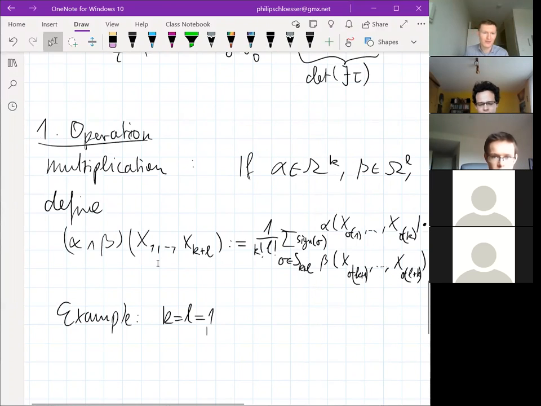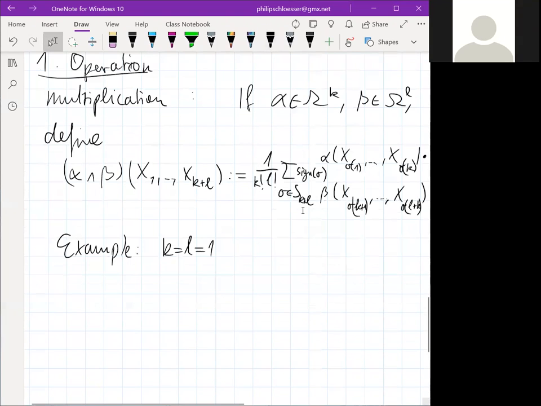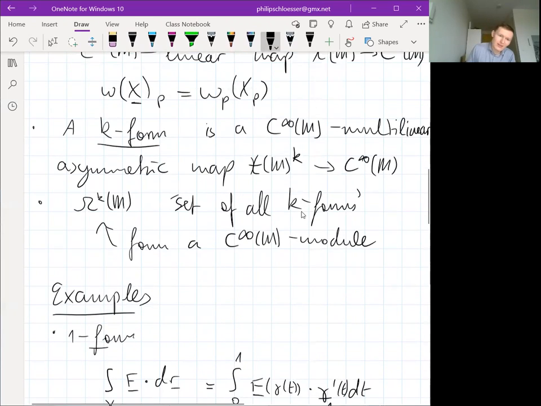So what do we get for the wedge product? Just the normal scalar multiplication? Yeah, correct. I should maybe also have said that 0-forms are just scalar fields, so C infinity of M.